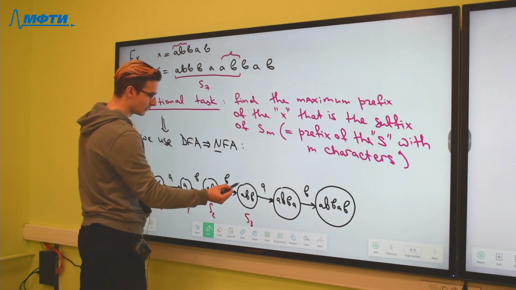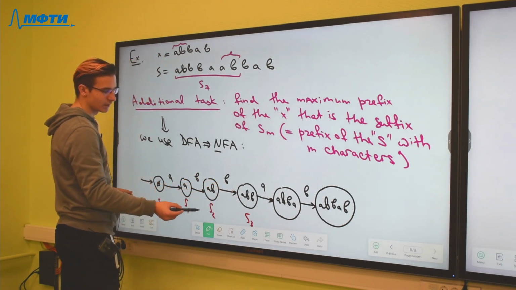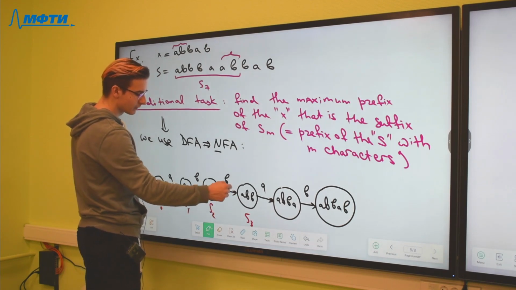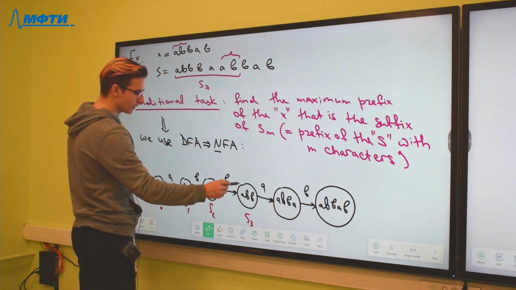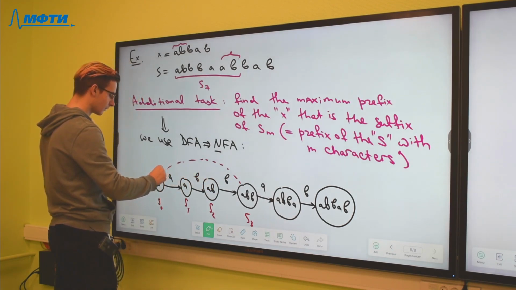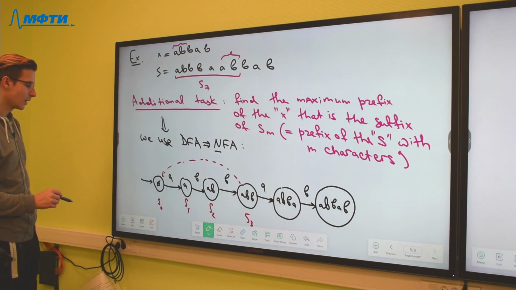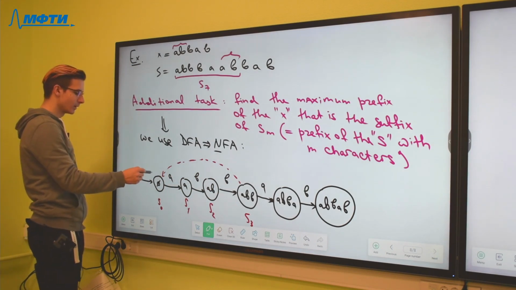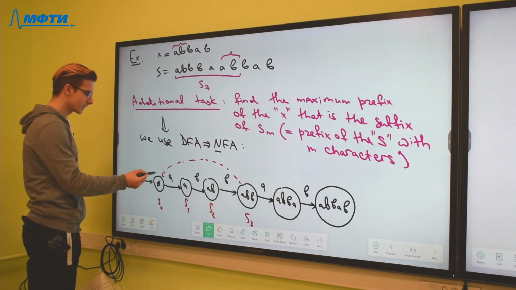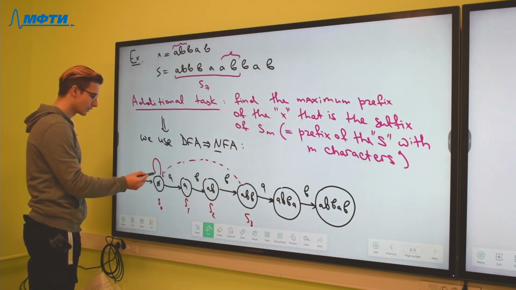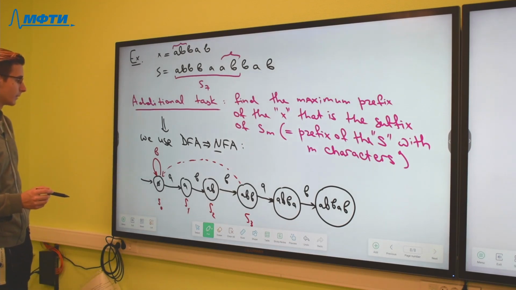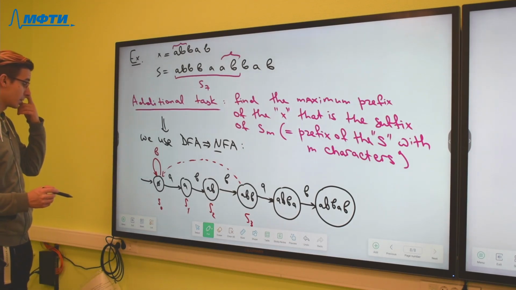And it means that we can find the maximum prefix of x that is the suffix of this prefix. So I can say that the maximum prefix of x that is the suffix of this word is equal to 0. And of course, if we have a 0 suffix, then we can go by the B here too.